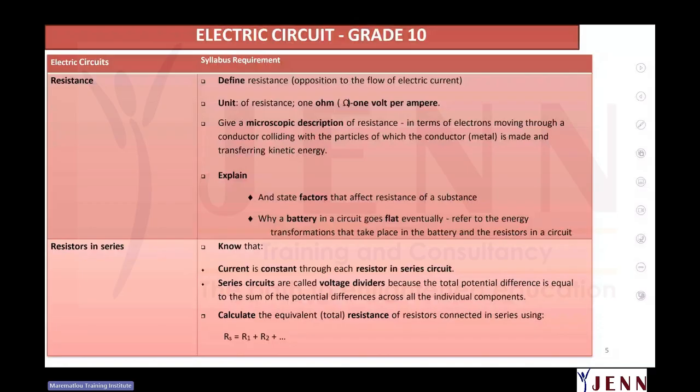If we want to represent a bulb or a resistor, we would use a symbol like that. That is a symbol that we can use to represent a bulb. That's a type of resistor. And then we also would find something like that. That would also be a symbol that we use to represent a resistor.